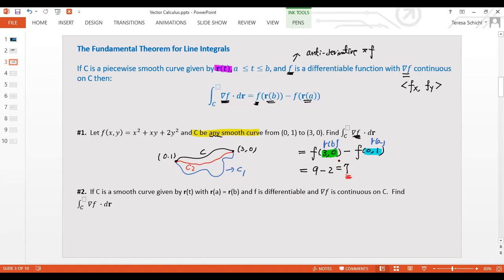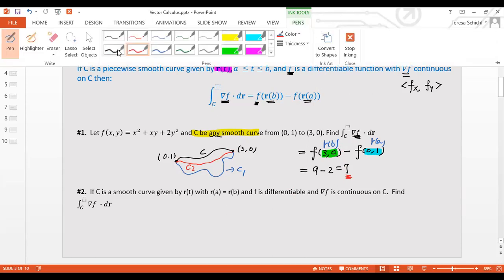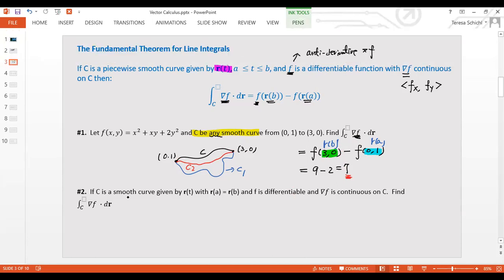Okay, now let's take a look at the second one and get very familiar with what it means. C is a smooth curve defined by r(t), and r(a) equals r(b). Then I have a function F that is differentiable, and the derivative del F is continuous.